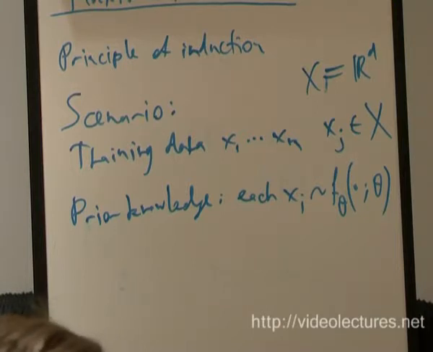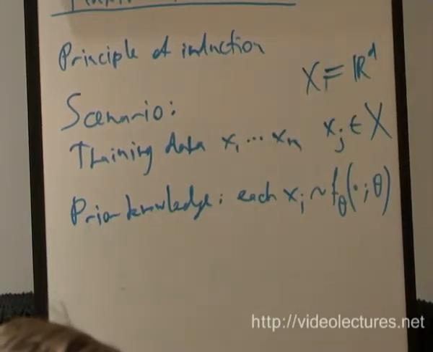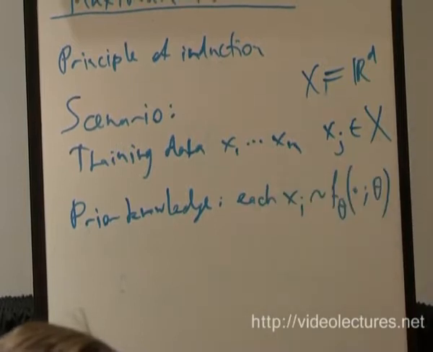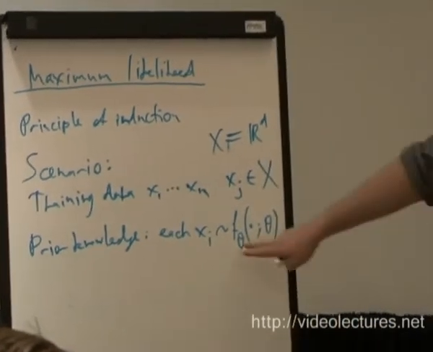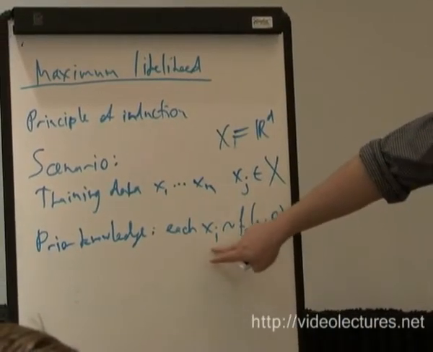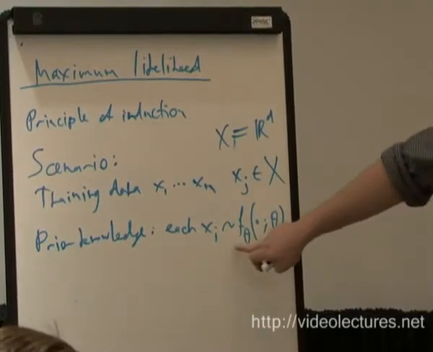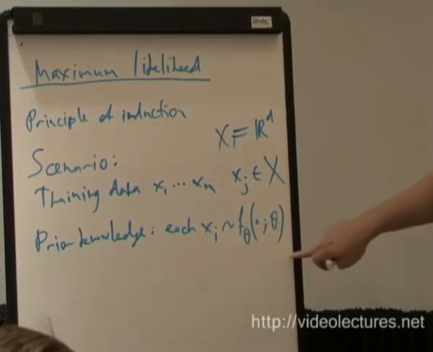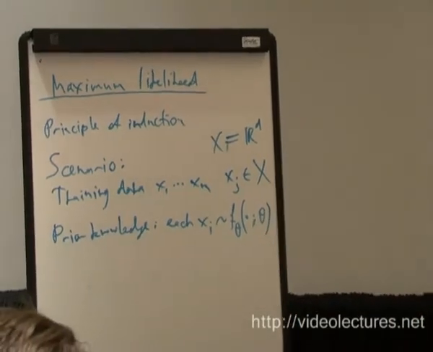We have our training data and our principle of induction, but we really need something additional, which is an assumption about how the world works probabilistically. This assumption is that the xi's all follow a distribution that's in a family. So what I really have here is a family of probability distributions. Theta is the parameter, and as you change theta, you get different distributions in the family.